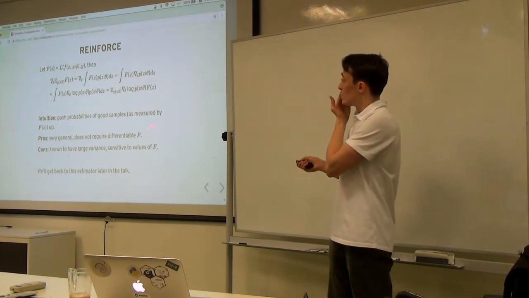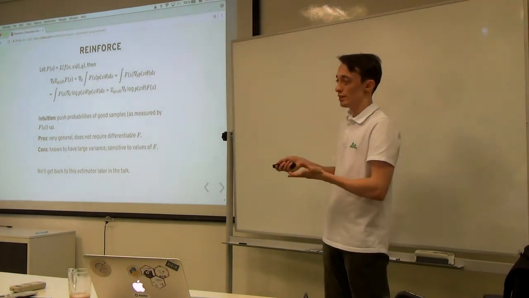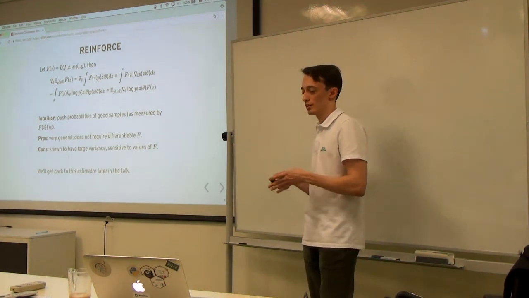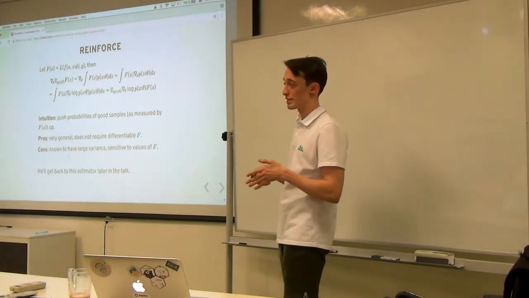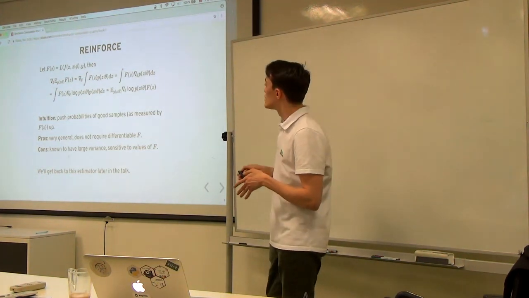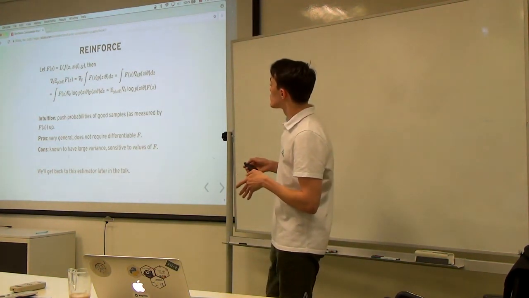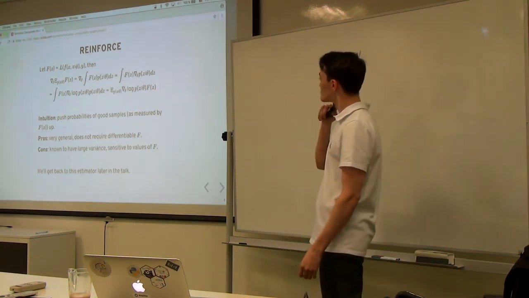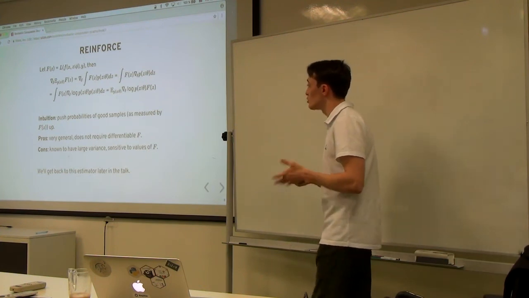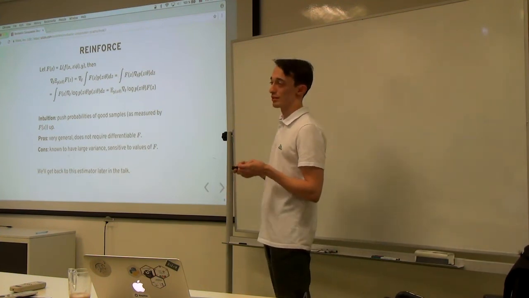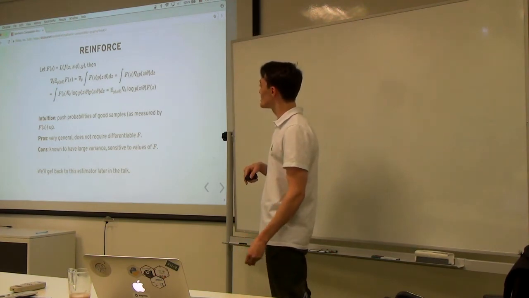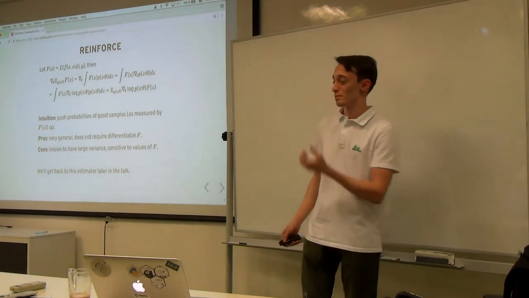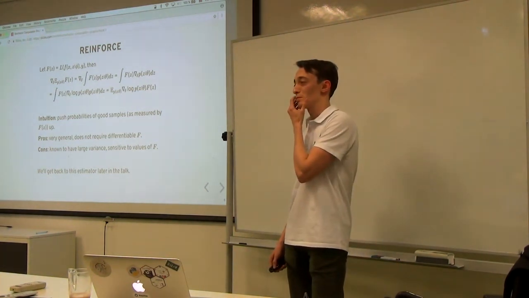That means all directions to maximize the probability of every sample will have some positive weight. So it only pushes the probability of good samples, but its behavior is not nice when your f is only positive or only negative. Artem, and what happens if f is always negative?